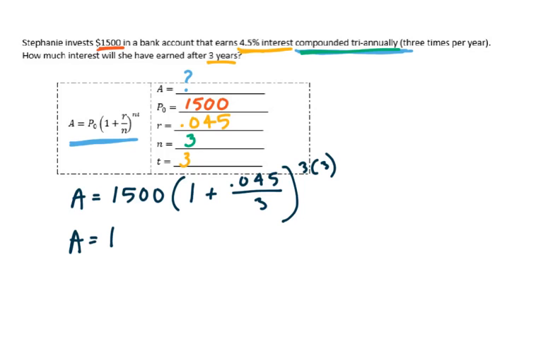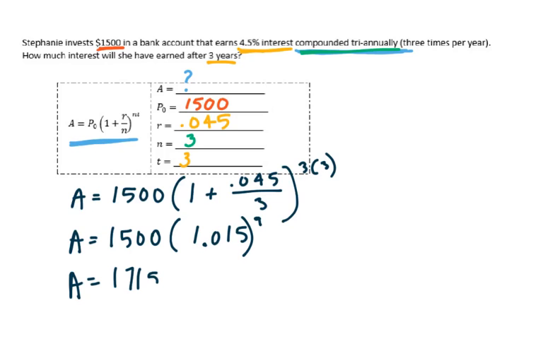We get A is equal to 1,500 times 1 plus 0.045 over 3, which is 1.015, to the power of 3 times 3, which is 9. So we put this value into our calculator and we get A is equal to 1,715.085.